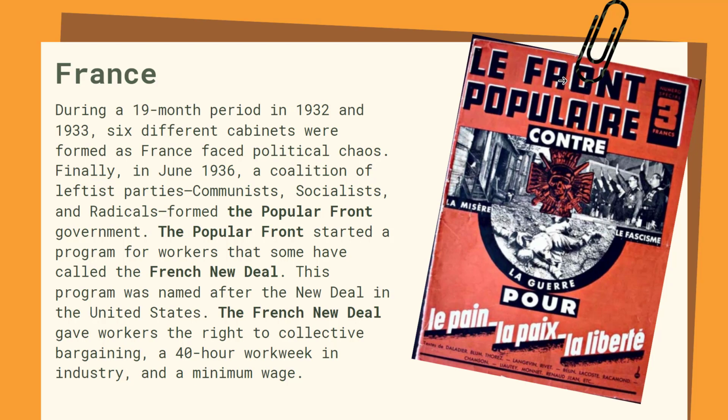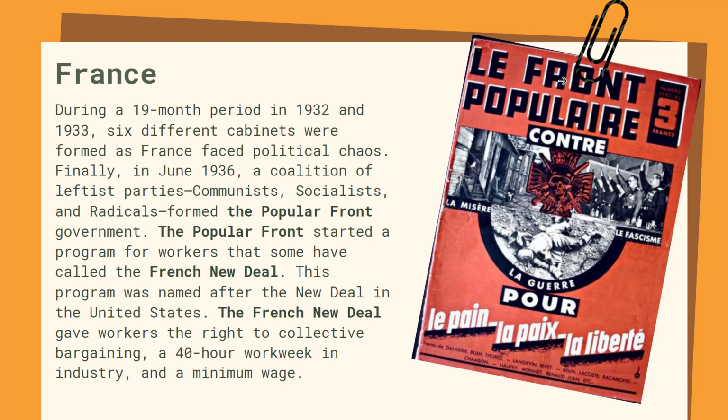And among these, there was a popular one called the Popular Front government. They started to make programs for France called the French New Deal, which was patterned off of the New Deal from the United States. In the French New Deal, as you see here, they gave their workers a lot of rights and privileges because, again, remember that the socialist communist idea was to help the working class.